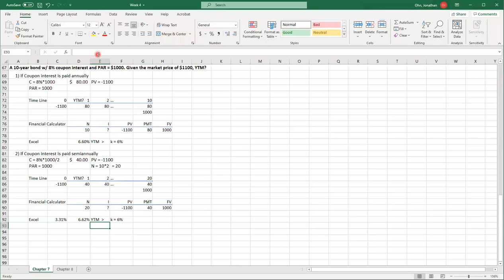So this is a good, attractive investment. All right, so we have this one here, that's for annual, assuming annual coupon payment. This one is semi-annual coupon payment, and this is how we calculate yield to maturity for each case. Pretty straightforward, right?